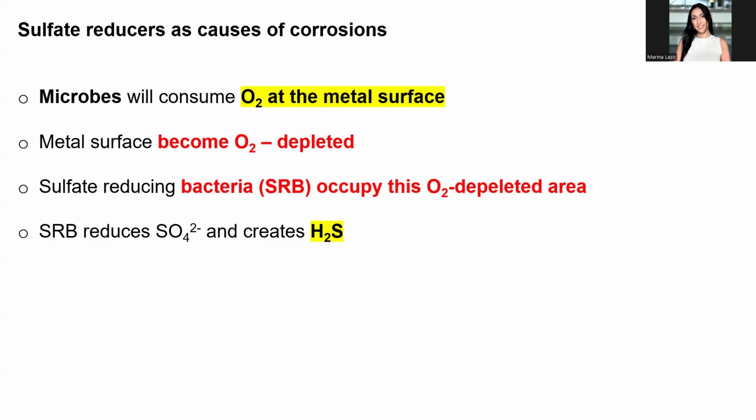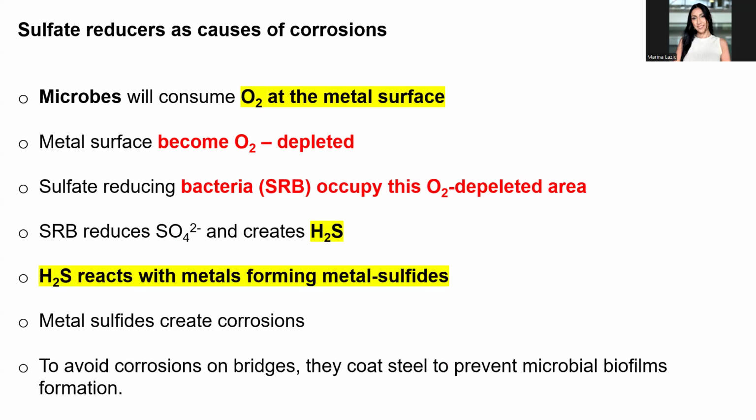Where is the problem? This hydrogen sulfide, a metabolic byproduct, reacts with metal on bridges, and that creates metal sulfides, and metal sulfides can create corrosion. So in order to avoid corrosion on bridges, they use a steel coating to prevent microbial biofilm formation on the bridges.